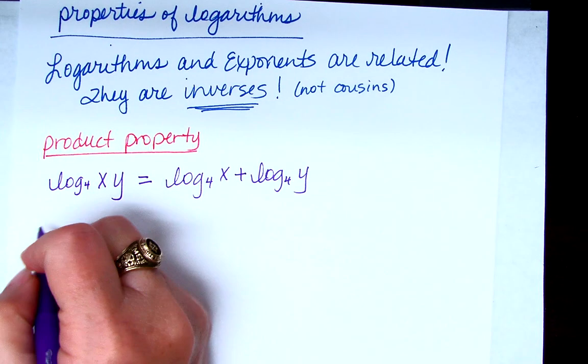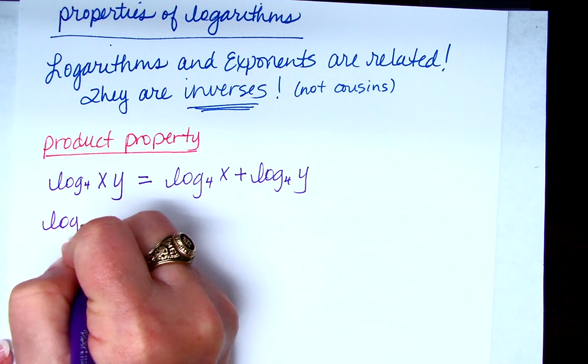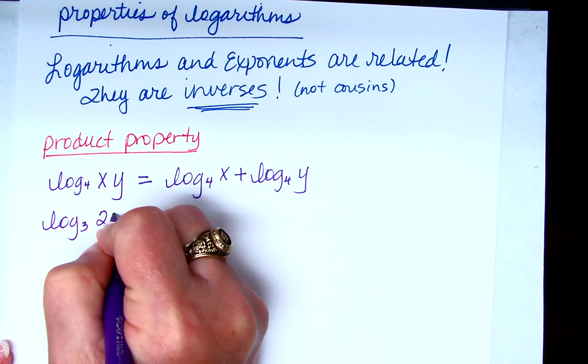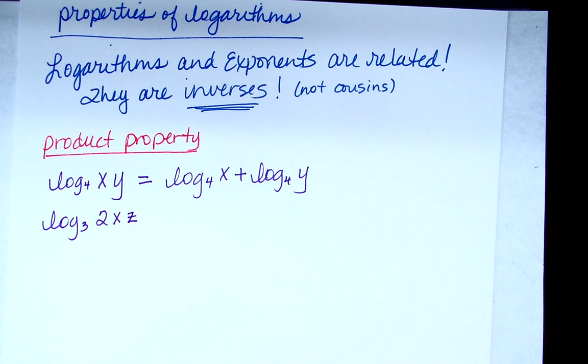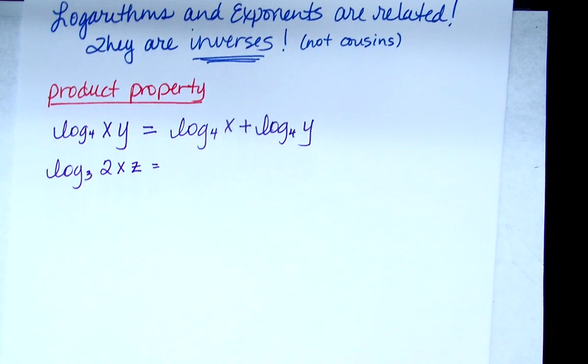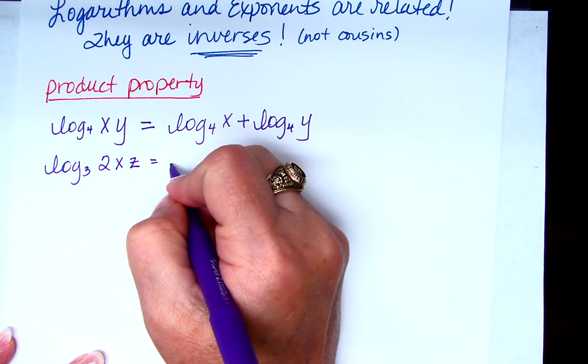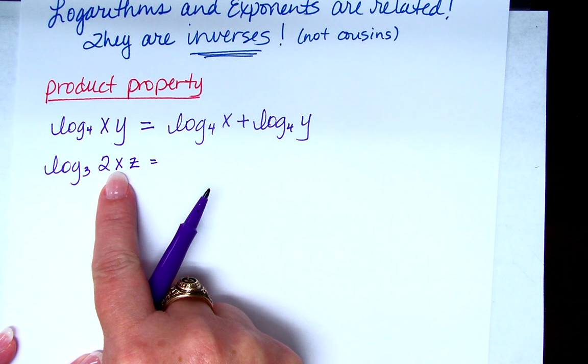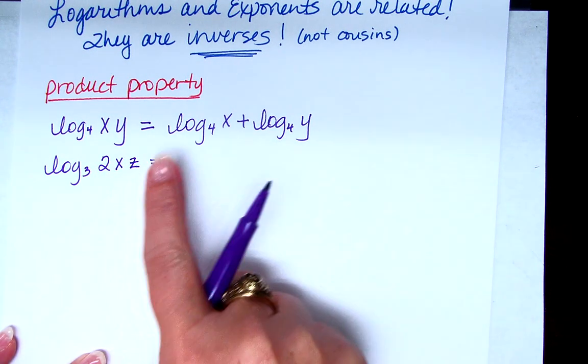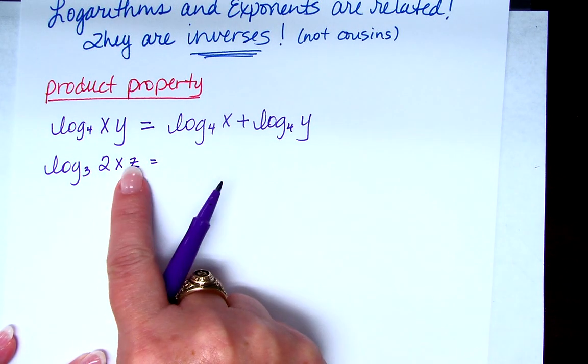So if I have log base 3 of 2xz, what does that look like if I expand it? How many times am I going to write log? 3 times. One for the 2, one for the x, and one for the z. And what sign should be in between each one of those logs?